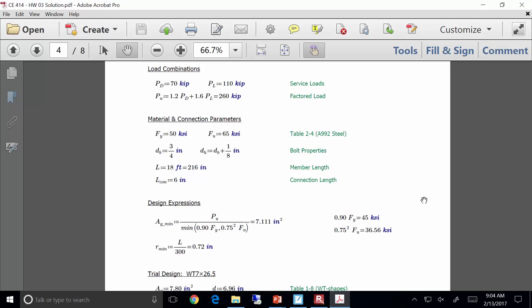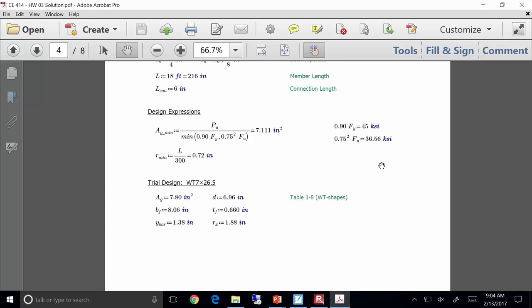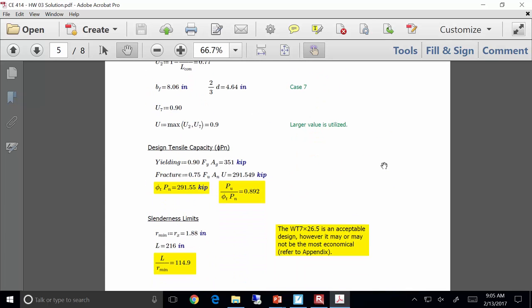So I'm guessing that my gross area needs to be about 7.11. My trial design is a WT7 by 26.5. If I go through and analyze it, I find that it works, but its efficiency is a little low. The efficiency is 89%. Now, like I said, the rule of thumb is if it's 90% or greater, don't worry about it. So this is 89. Should you check the next one? I don't know.